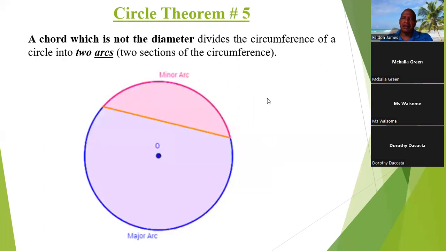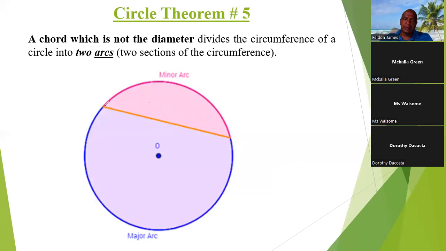Moving along. Here now, a chord which is not the diameter divides the circumference of a circle into two arcs. Now, remember, the arc is just a part of the circumference.